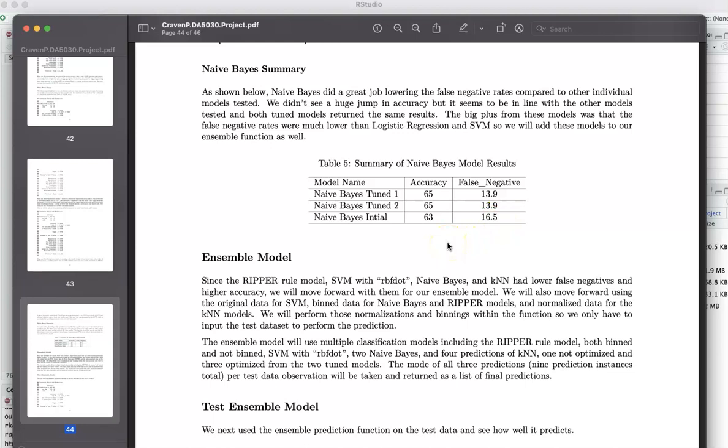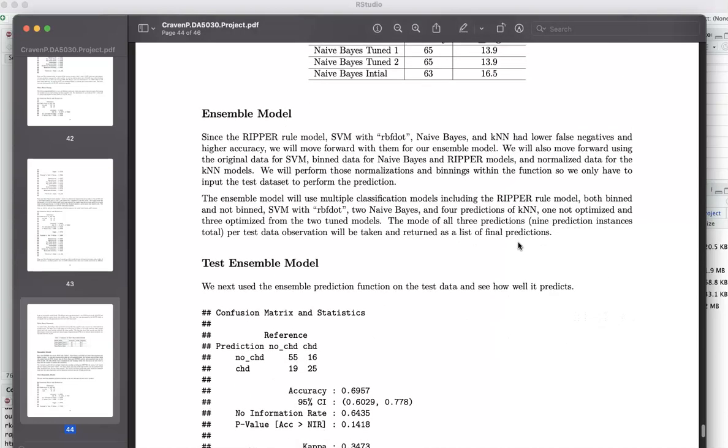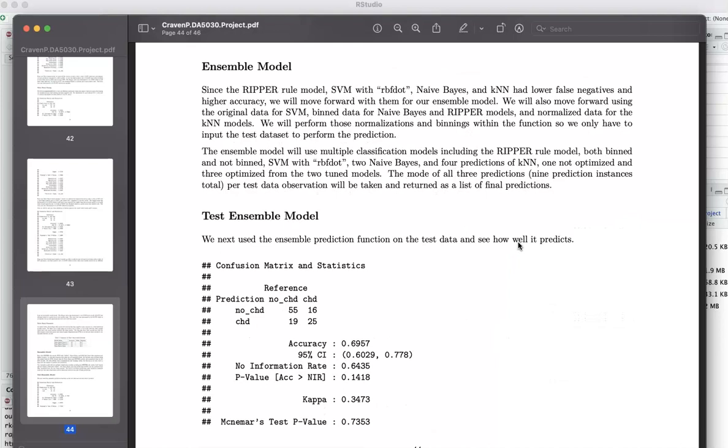I did do some tuning with it where I was doing some cross-validations, and it did increase the accuracy, but between the 2 different tuned models I think I did different cross-fold numbers. It didn't really increase or decrease the false negatives at all, but still these were pretty good models as far as false negatives go. So I then moved on to the Ensemble model.